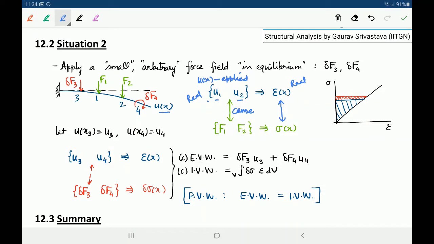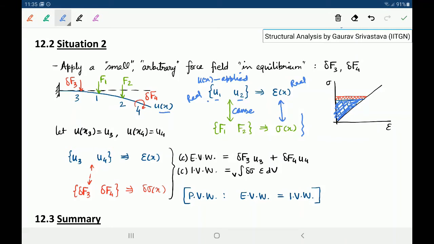So in this case, again we can write the complementary energy, because now we are in a situation where we are calculating this area essentially. Here we can still write the energy balance, but that will be the balance of complementary energy.